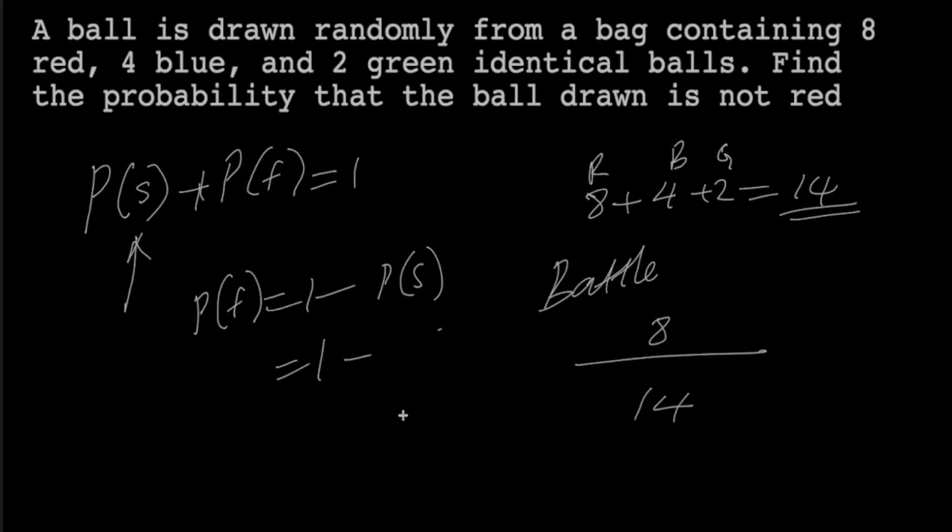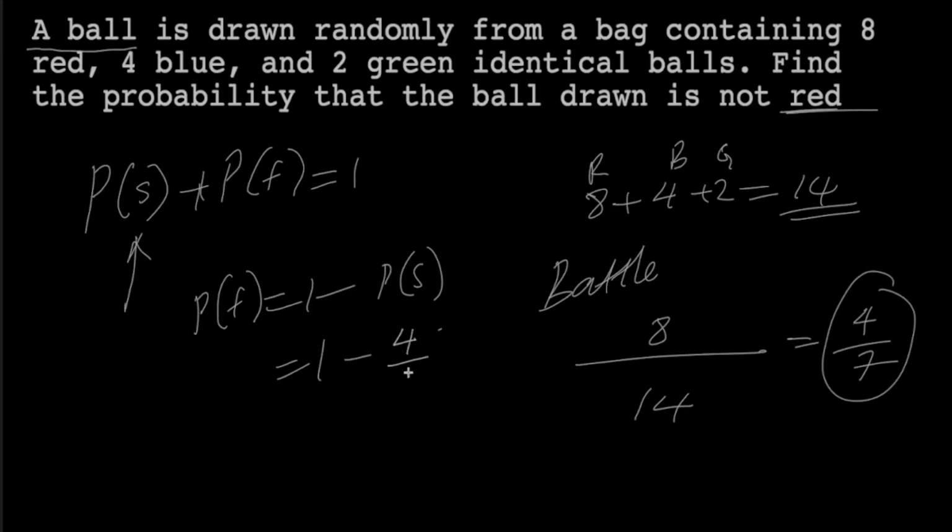You can't just say 1 over 14 just because 1 ball was drawn. We know that it's 1 ball that was drawn, but everybody in the red group must come out to represent. This will give us 4 over 7.